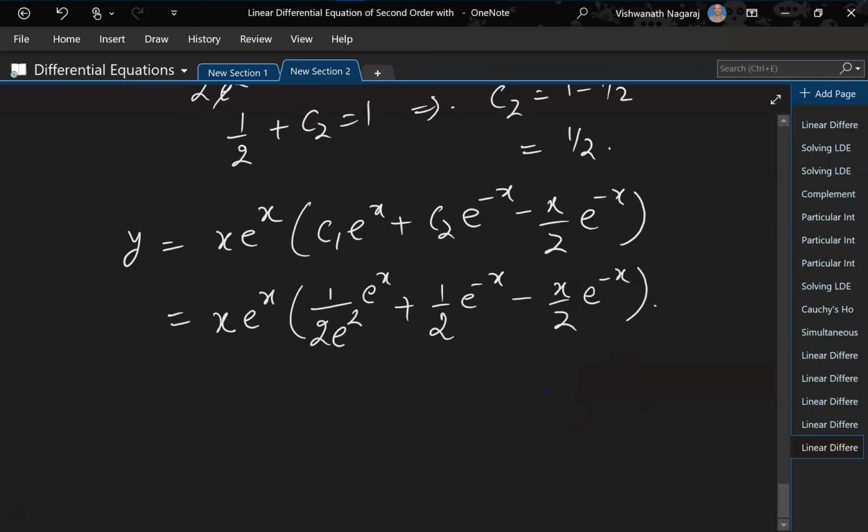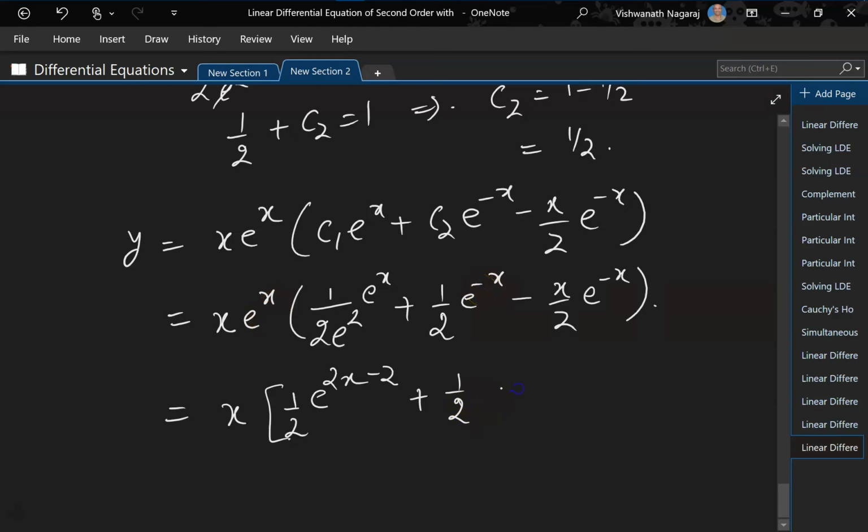Now, a little bit of simplification here. Let's take e to the power of x in. So x times e to the power of x goes in. So e to the power of x times e to the power of x is e to the power of 2x, and this e square in the denominator comes up, becomes minus 2, right? And this is 1 by 2 plus 1 by 2 e to the power of minus x times x.